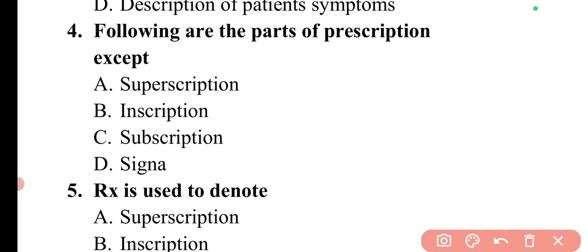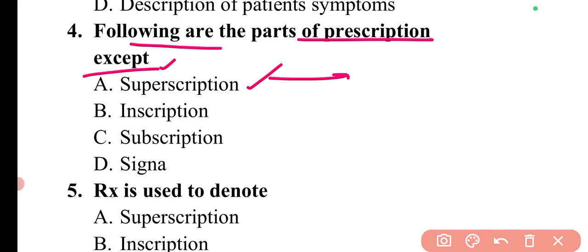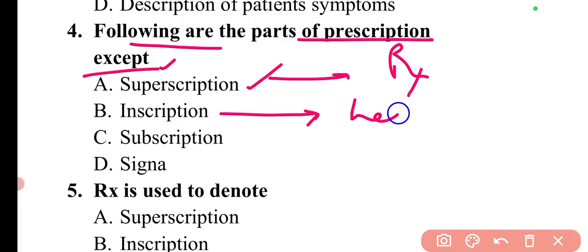Next question is: the following are the parts of prescription except. I have already discussed with you the parts of prescription. Superscription is a part of the prescription in which the RX symbol is used. Inscription is known as the heart of prescription, in which the information regarding the drug and its quantities is mentioned.